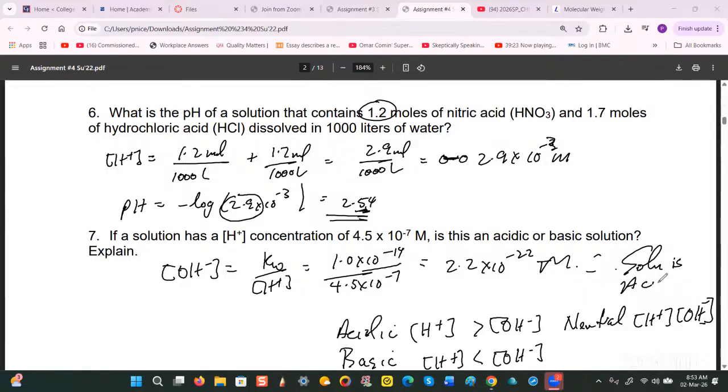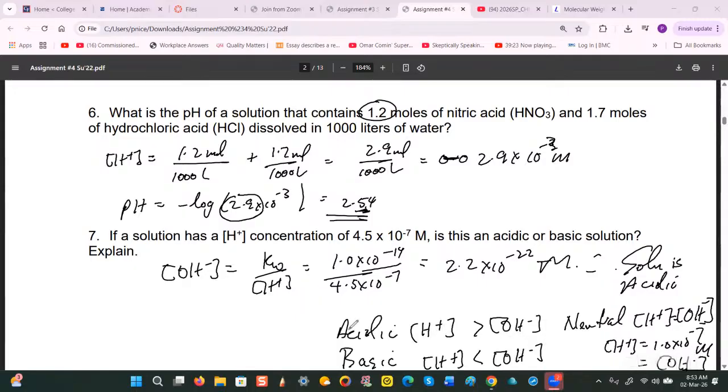Another way of doing this, which is probably easier, is to recognize that, as I said before, for a neutral solution, these two are equal, right? And in order for the solution to be neutral, the concentration of H plus must be equal to 1.0 times 10 to the minus 7 M. So that would be equal to the concentration of OH minus.